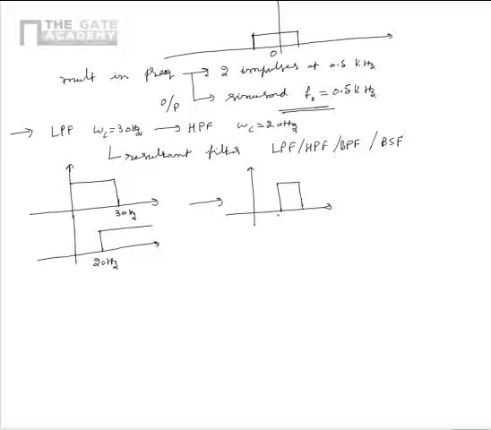It is a band pass filter passing the frequencies in the range of 20 Hz to 30 Hz. So from this we see that the resultant filter is a band pass filter of bandwidth 10 Hz.